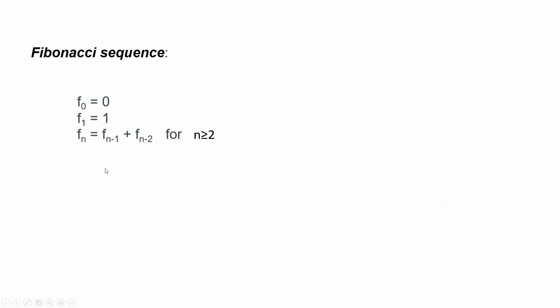So if this is how we describe the Fibonacci sequence using this recurrence relation, let's see if we could come up with what the sequence would be. Now notice this one's a little different because it has two initial terms. It starts with F naught and F1.